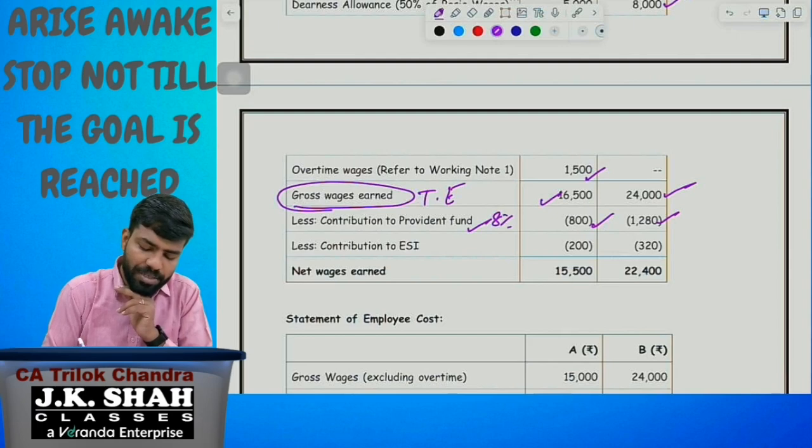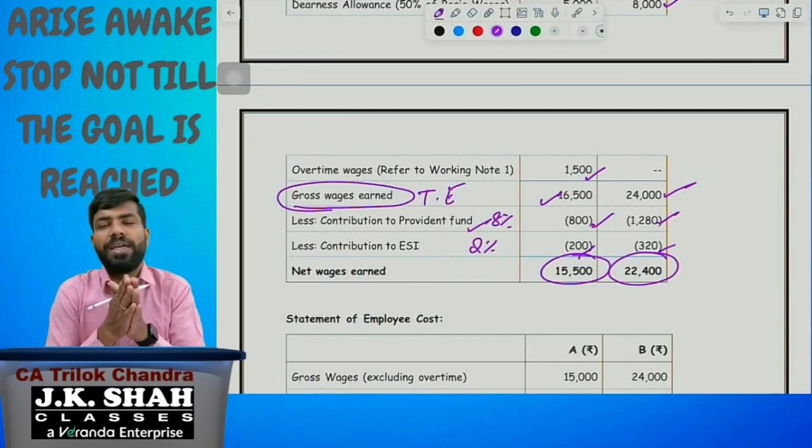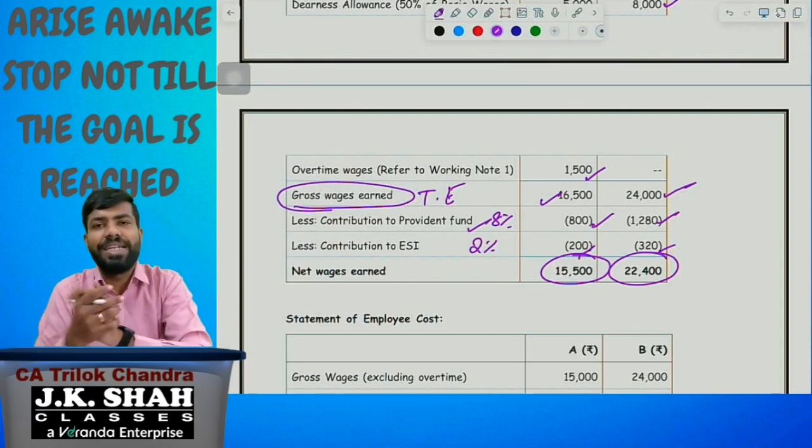This is at the rate of 8%. This is at the rate of 2%: 200, 320. So net earnings is 15,500 and 22,400. All of you clear about this? So this is the total earnings, and reducing PF and ESI gives the net earnings.